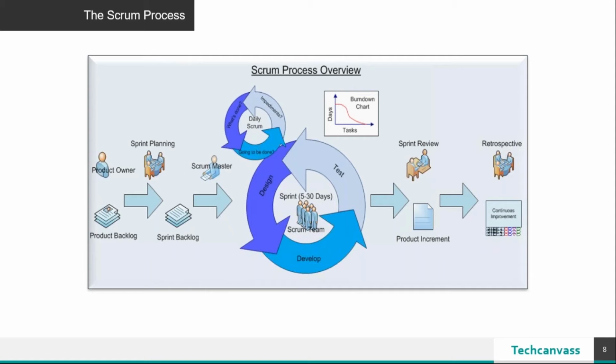So a product owner maintains the product backlog, and it's a business analyst who usually, in collaboration with the product owner, gets the product backlog prioritized, and then conducts a sprint planning meeting wherein, of course, the entire team is present. The product owner or the business analyst, again, there is an overlap of role, if you see.